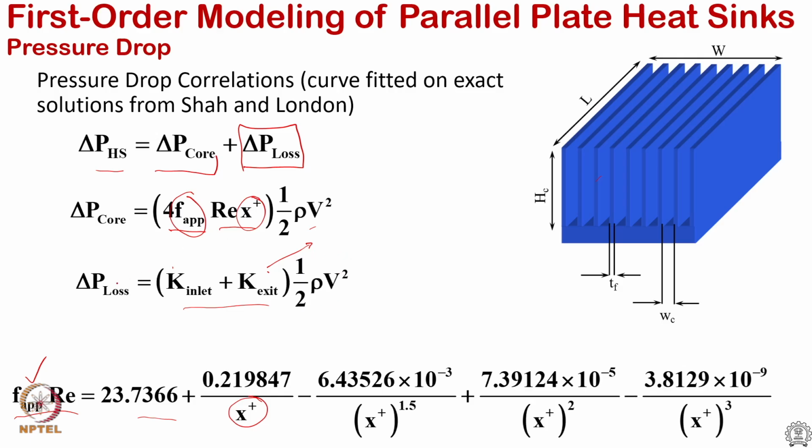Now we can predict the pressure loss, and as I said, if it is well designed, if it is not too dense a fin design, then this loss is about 10% of the total heat sink pressure drop. So that is the first order modeling one can account, but this is all empirical based.